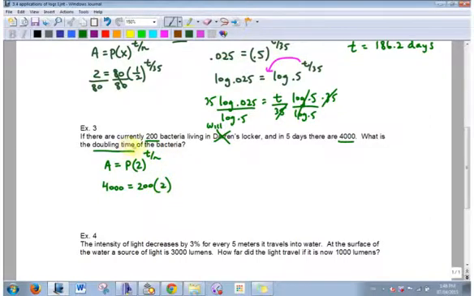And again, what am I trying to solve for here? In 5 days, what is the doubling time? Can you make sense of which one's t and n there? The doubling time, so that is n, is what I want to solve for here.